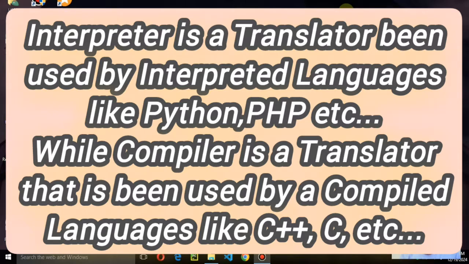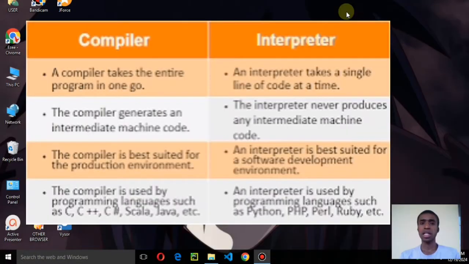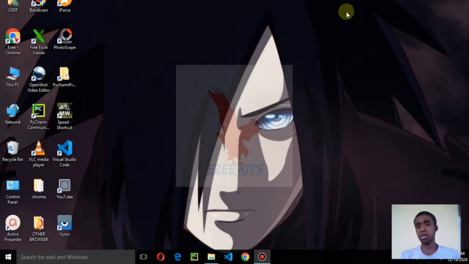Interpreted languages are those languages that make use of an interpreter to turn their code into binary code, because we all know that machines understand zeros and ones, which are the binary codes. So with the help of an interpreter, we're able to convert it to binary code, and also with a compiler.